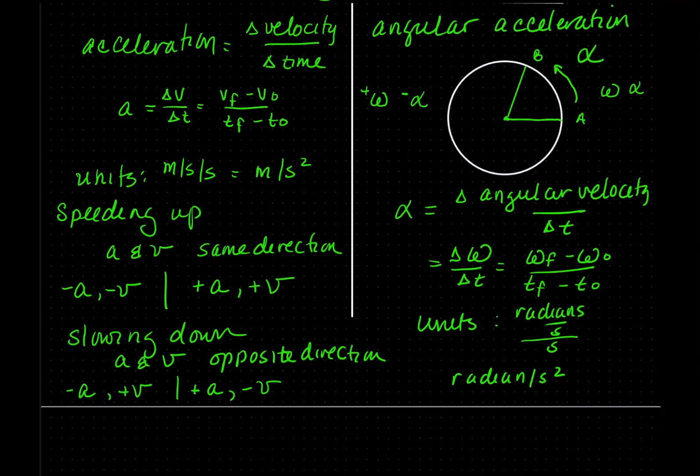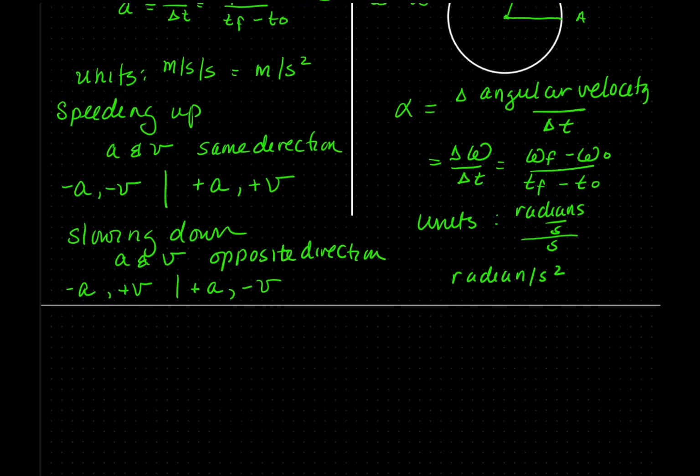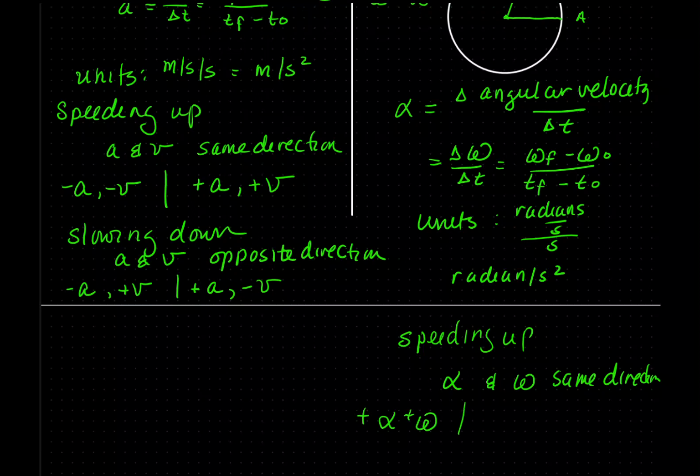So similar to linear, when it's speeding up, my alpha, angular acceleration, and my angular velocity are in the same direction. So they could be alpha positive, omega positive, or alpha negative and omega negative.